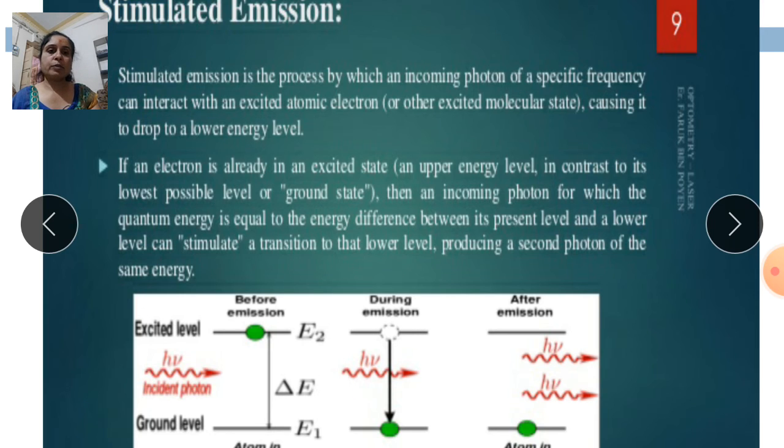Under the influence of this process, the atom in the excited state is converted into the ground state level, and a second photon is generated by this stimulated transition.